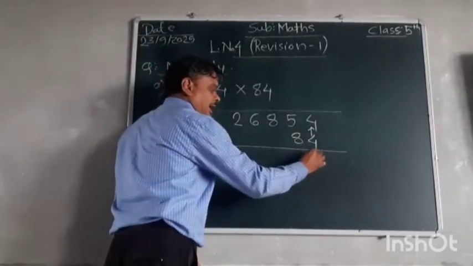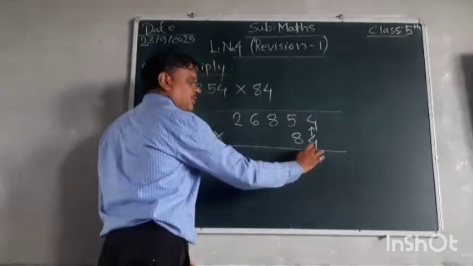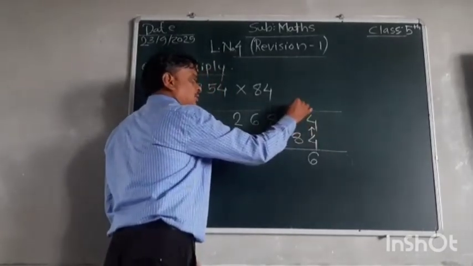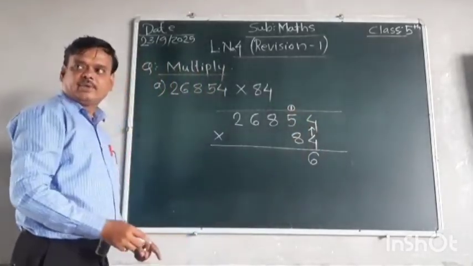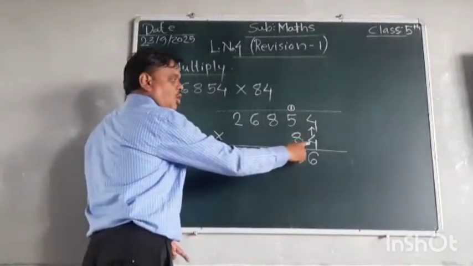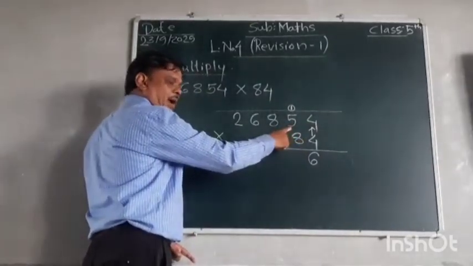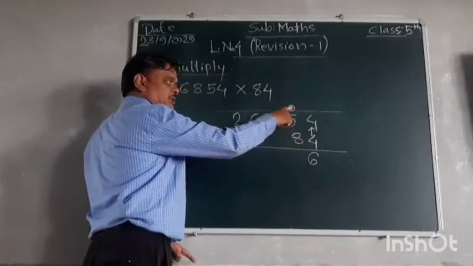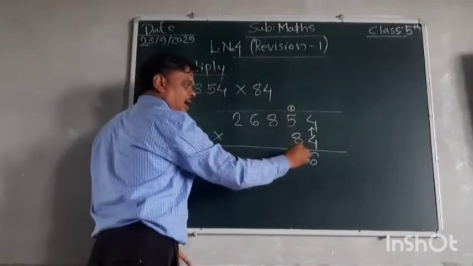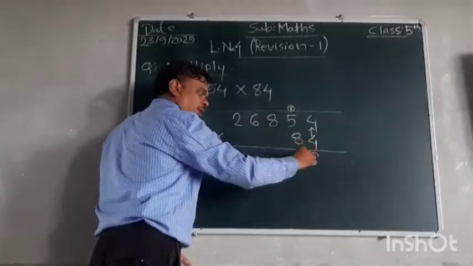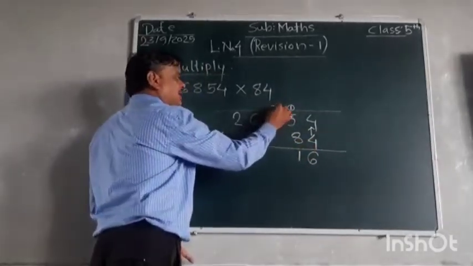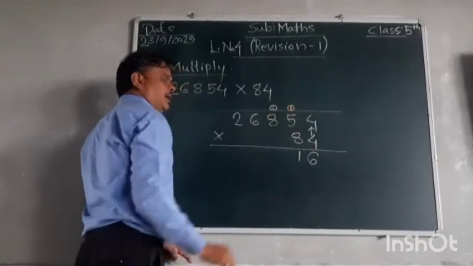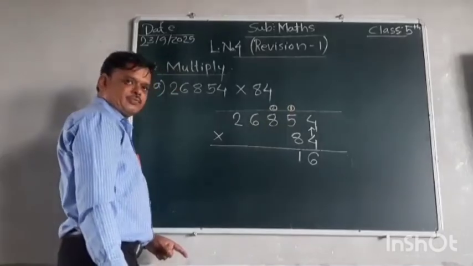So first write 6 here and give 1 as carry. Now 4 fives are 20. 20 plus this carry is 21.